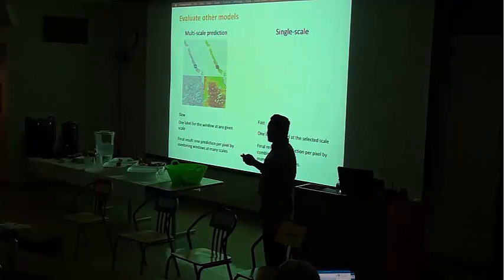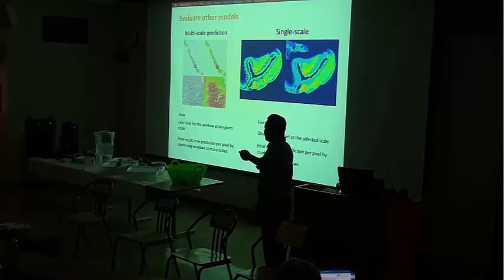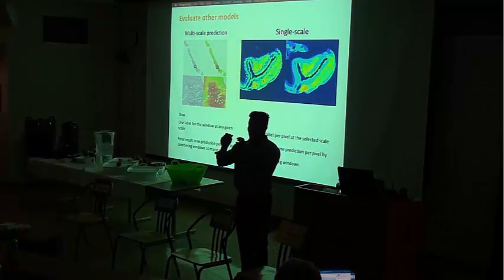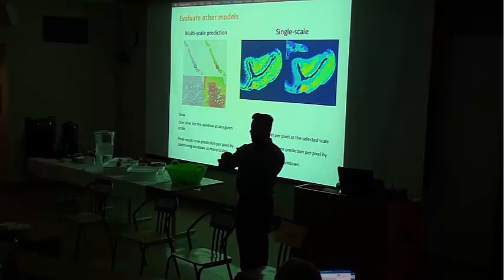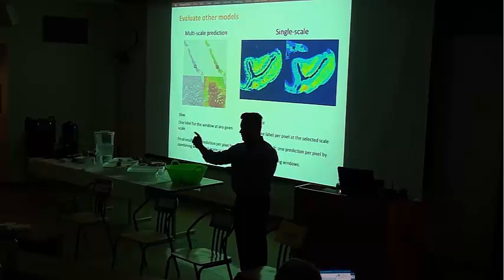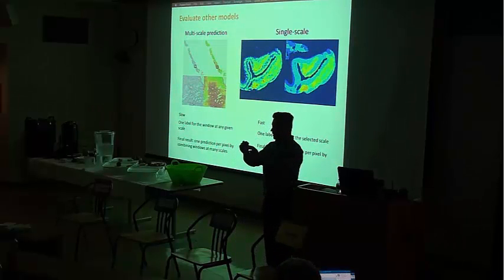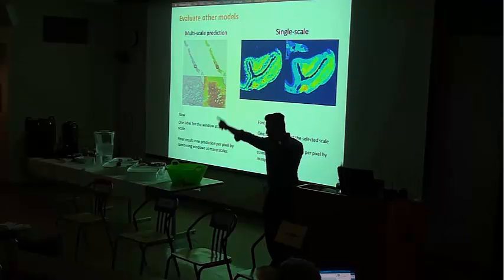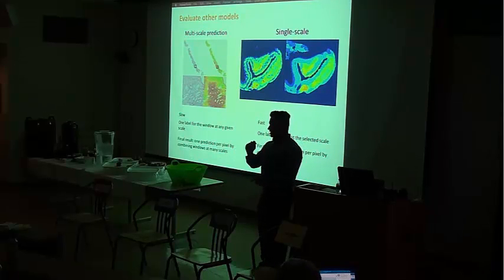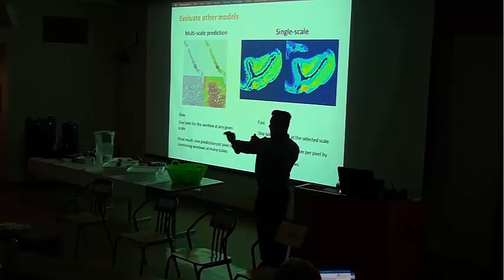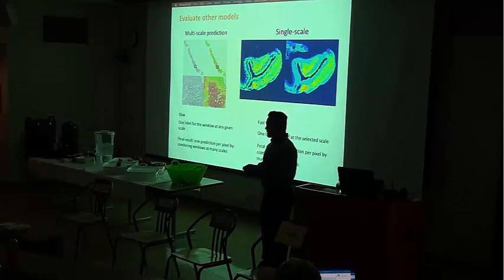So how does my method compare to their method? Their method used multi-scale prediction. That means that instead of trying to do a prediction pixel-wise, they take a window and make a prediction for that window. And then they go to a different scale. So instead of having this zoom, they go to this zoom, and they have one prediction for that window. When you look at multi-scale predictions, the method is very slow. So that was the first comparison.